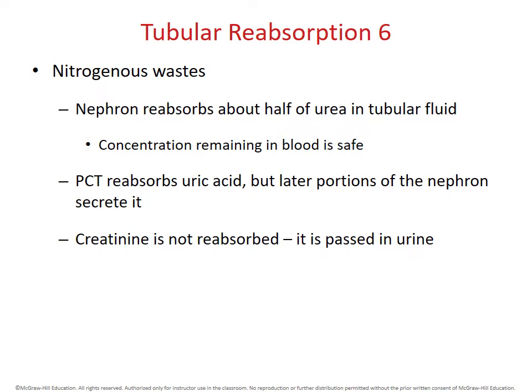So we can't avoid reabsorbing it, even though we don't want to reabsorb uric acid, but we take care of that by secreting it later in the nephron. Creatinine is not reabsorbed. Remember, creatinine also is a nitrogenous waste that we do not want to have in our bloodstream, and so we don't reabsorb any of that. So that just winds up in the urine.